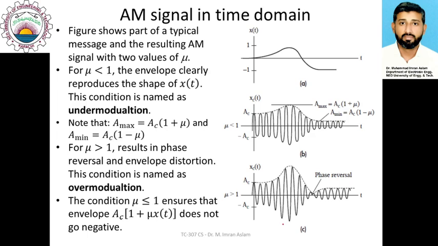In order to illustrate the effect of this modulation index mu on the waveform of the modulated signal, let us draw two waveforms corresponding to two different values of mu. For the first case I have plotted the waveform for mu less than 1, and for the second case a waveform for which mu is greater than 1. Assuming this is our message signal, a randomly selected waveform, once we do the amplitude modulation, the amplitude of the carrier wave varies in accordance with the message signal.